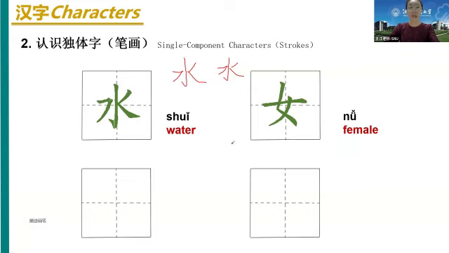Okay, so please write after me. Left falling, a dot. Left falling, and then horizontal, okay? 女. Let's write it again. Left falling, a dot. Left falling, and then a horizontal.